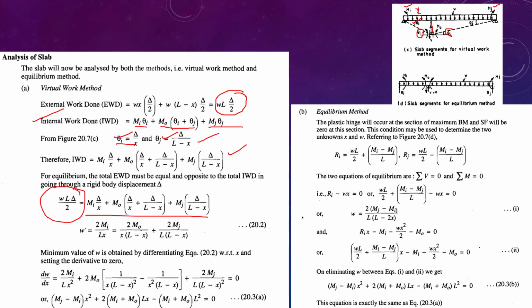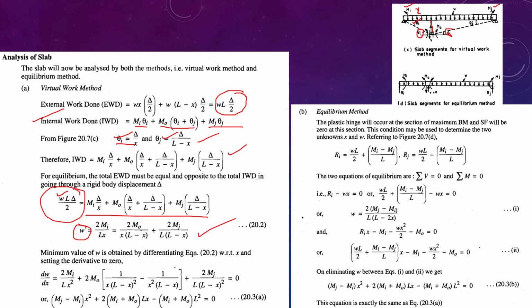We will get W from this equation as 2Mi by Lx, plus 2M0 by x into L minus x, plus 2Mj by L into L minus x. So this will be the expression obtained.